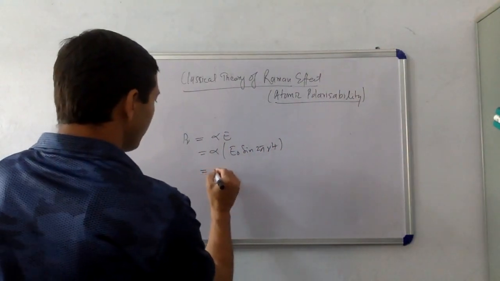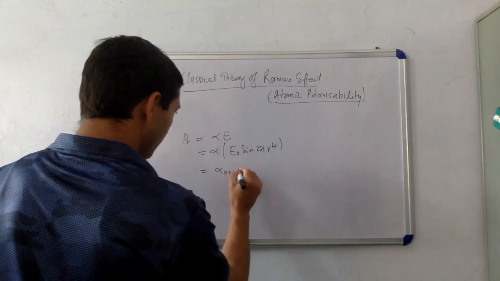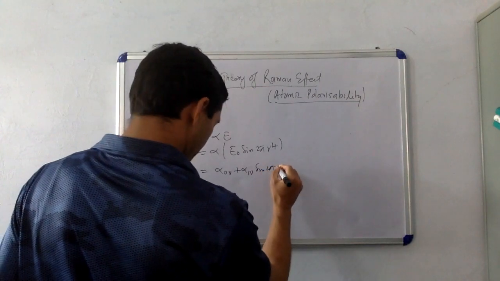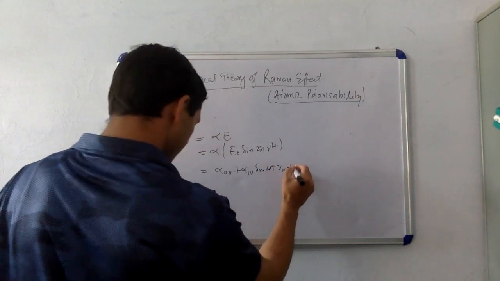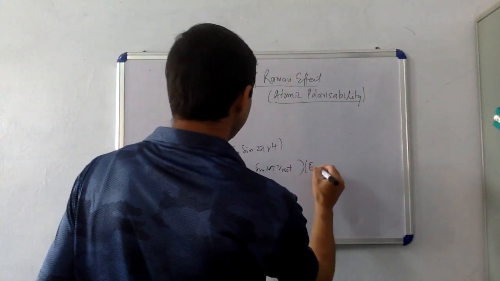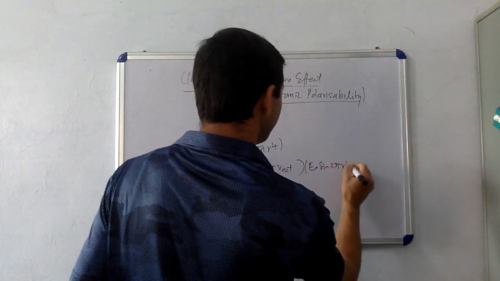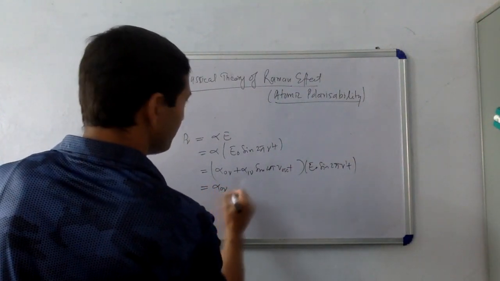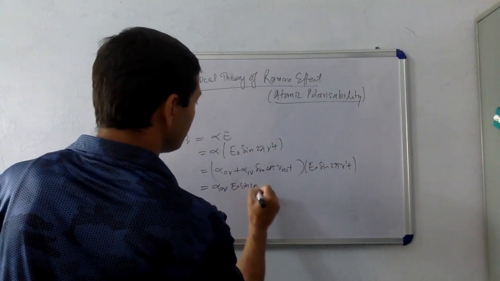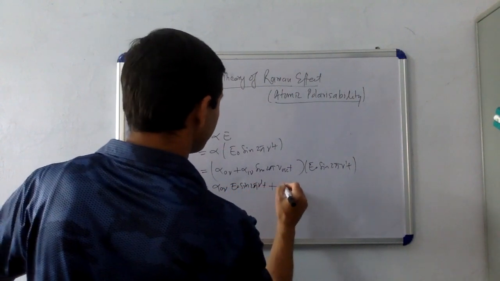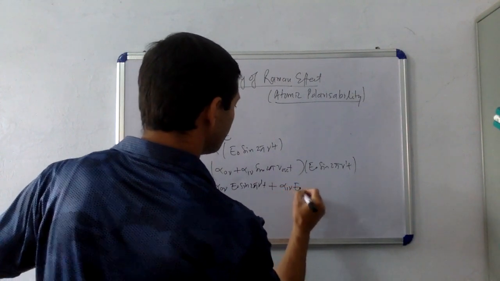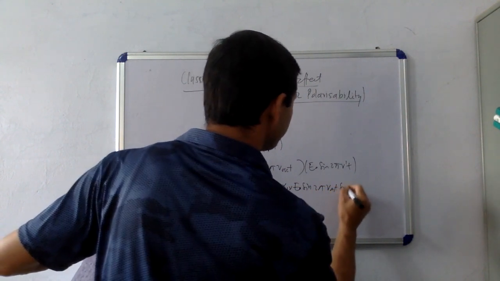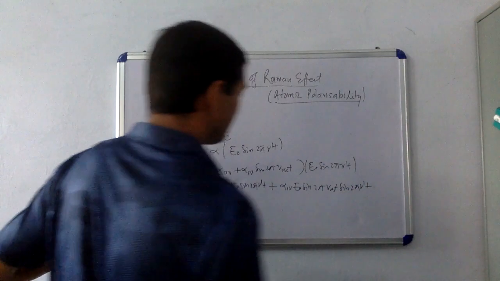Putting in the value of alpha, alpha naught of nu plus alpha 1 of nu sine 2 pi nu oscillation of t, and E naught sine 2 pi nu prime of t, this is equal to alpha naught of nu E naught sine 2 pi nu prime of t plus alpha 1 of nu E naught sine 2 pi nu oscillation of t and sine 2 pi nu prime of t.